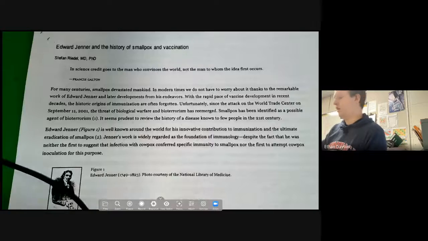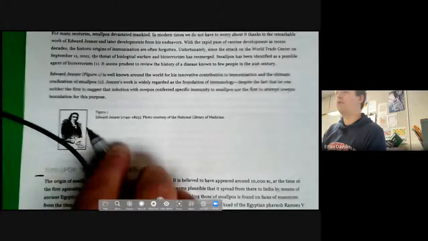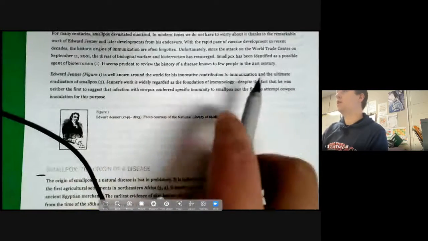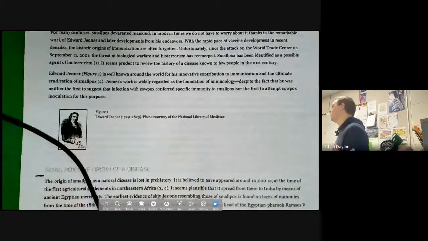Edward Jenner, that's this guy right here, super blurry and all grainy, is well known around the world for his innovative contribution to immunization and the ultimate eradication of smallpox. Eradication means it's completely gone.